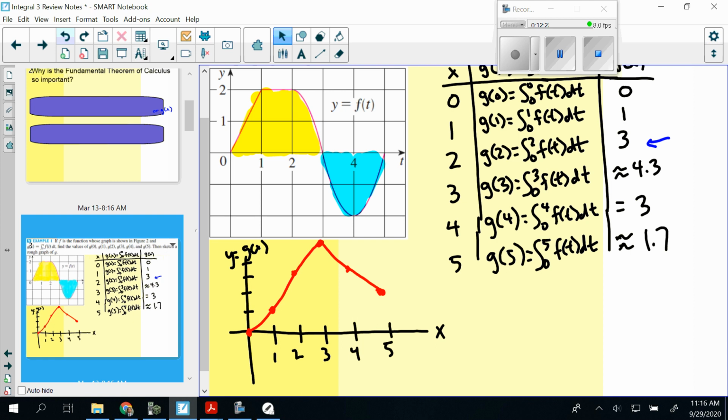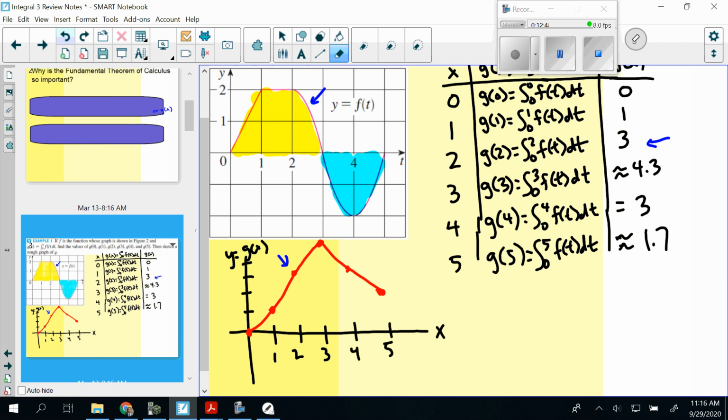Also, here's some other stuff we should notice. All the points here were underneath the x-axis. What do you notice about the slope of that line? It's negative. Some other things we see here, all these points are above the x-axis. Well, what do we have here? Positive slope.